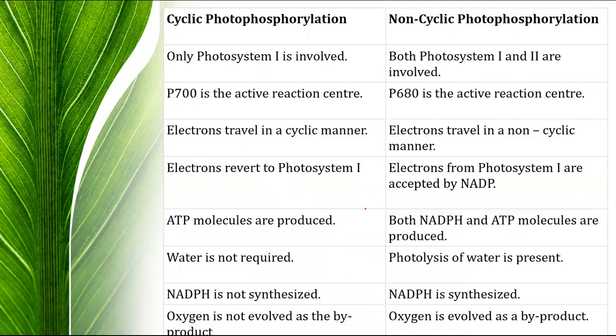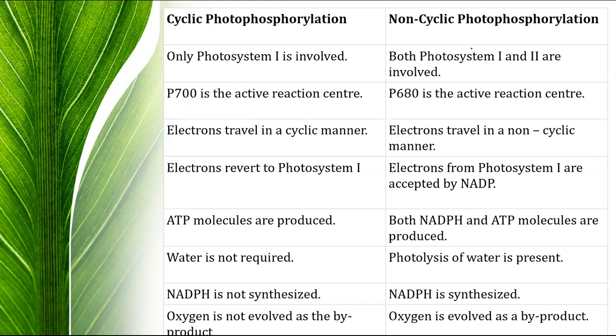NADPH is not synthesized in cyclic, while in non-cyclic it is synthesized. Oxygen is not evolved as a byproduct in cyclic, while in non-cyclic oxygen is evolved as a byproduct. This is the difference between cyclic and non-cyclic photophosphorylation.